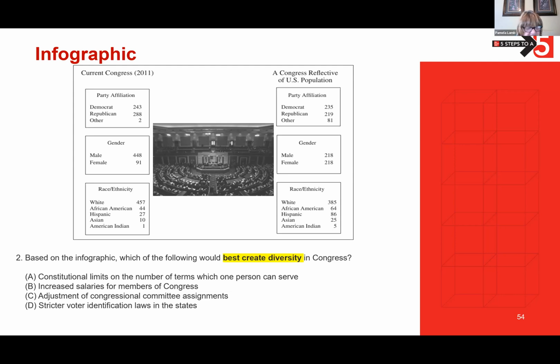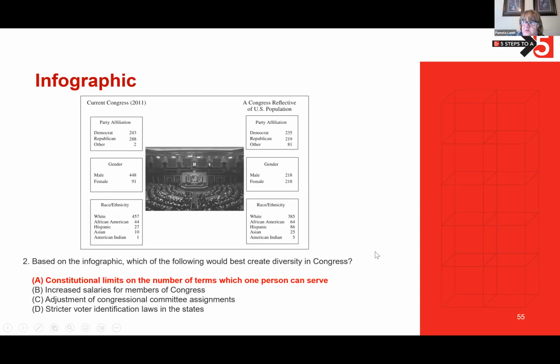Would it be adjusting committee assignments? Or would it be stricter voter ID laws? Limits on the number of terms a person can serve would allow more people to be elected, because the same people wouldn't be there for 40 years, 30 years, etc.